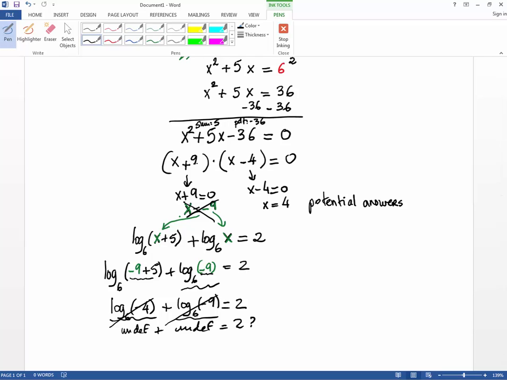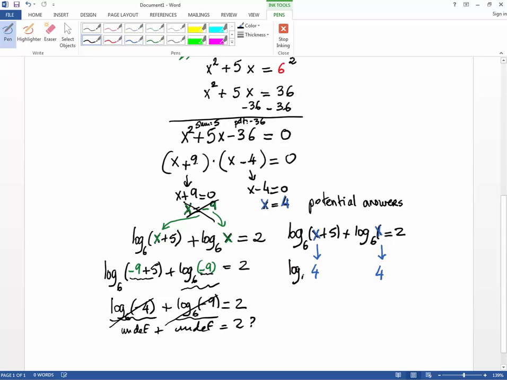out. Now our only hope is that x equal to 4 works out, and what we need to do is the following. If we use that equation again and we plug in a 4 for x, let's see what happens. So this will be a 4 here, this will be a 4.